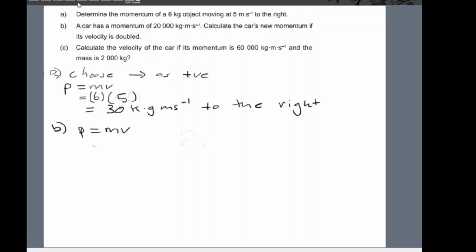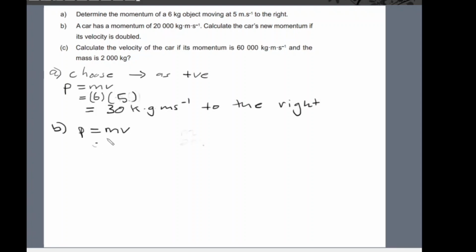A car has a momentum of 20 kilograms meters per second. Calculate the car's new momentum if its velocity is doubled. If velocity is doubled, what will happen to momentum? So the momentum of the car is 20 kilograms meters per second, right?